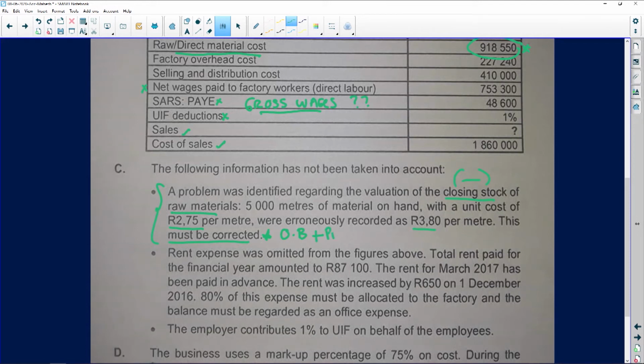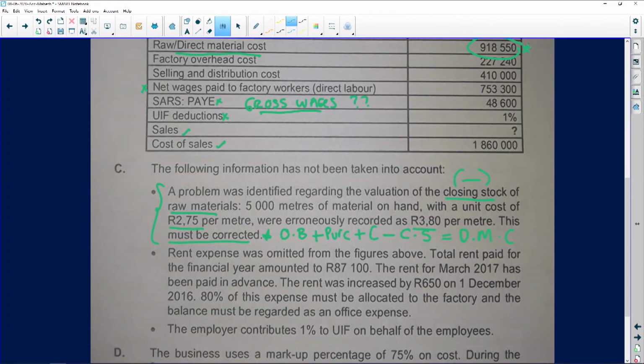To this, I then add my purchases. If there's any carriage on raw materials, I've got to add carriage. And then finally, I've got to subtract my closing stock. And that will give me my direct material cost, or raw materials that were used in the financial year.